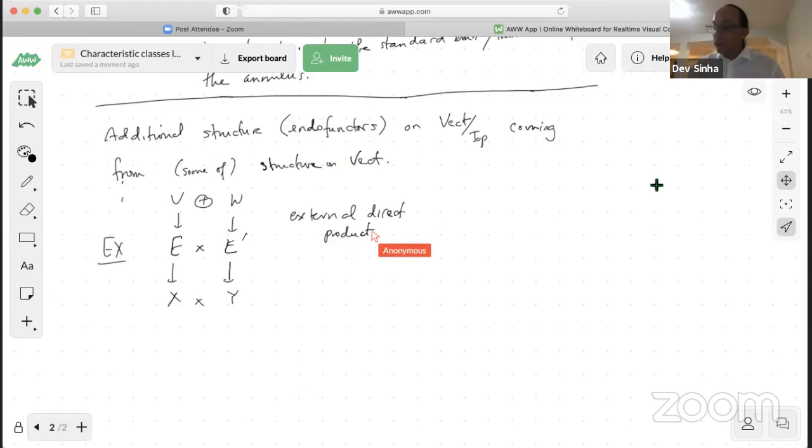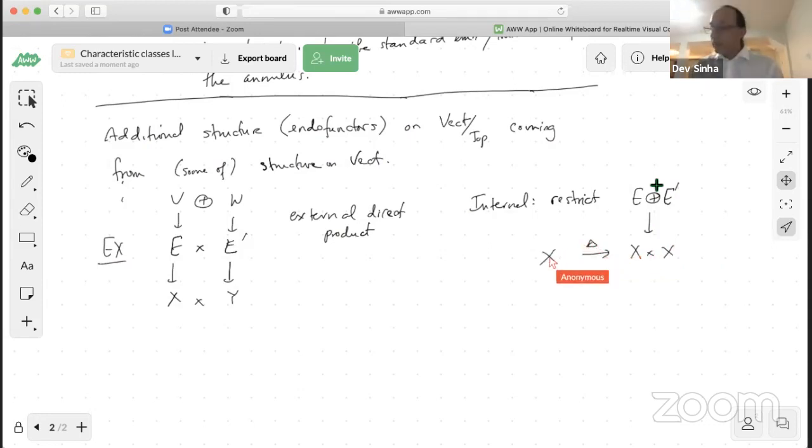So then for the internal, you can restrict E plus E prime over, if I've got X cross X, to the diagonal copy of X, and you get something which, again, maybe I want to call this E cross E prime for external, but usually it's pretty clear.